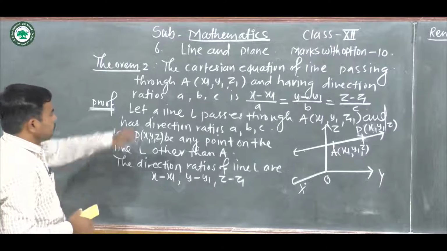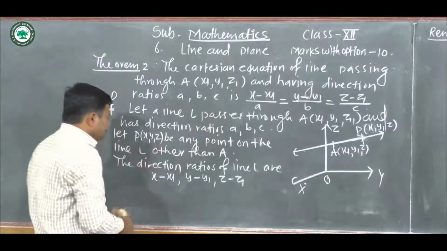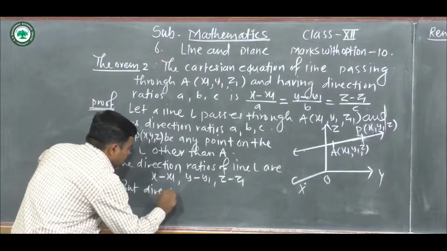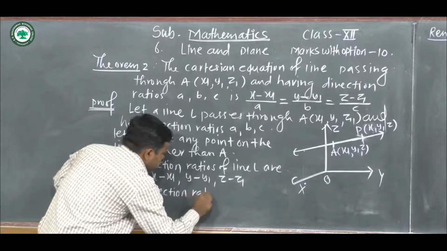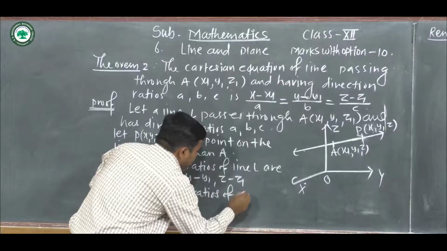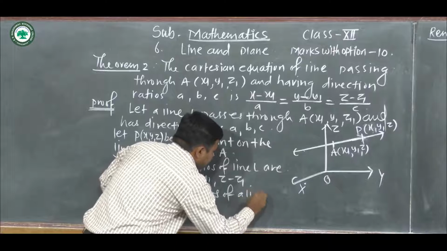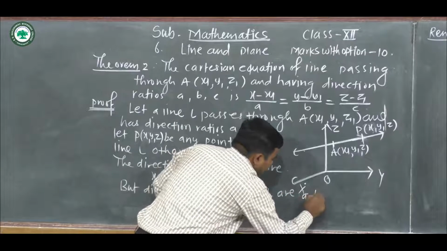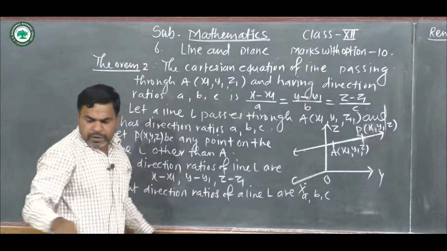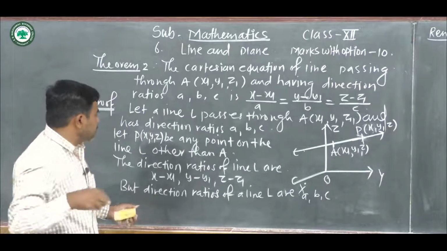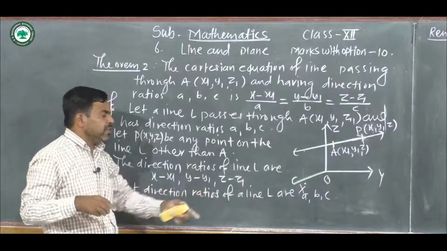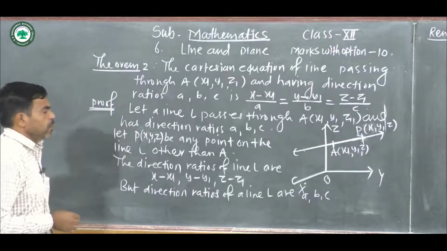But the direction ratios of a line L are A, B, C. Now the line L has direction ratios x minus x1, y minus y1, z minus z1 as well as A, B, C. It means that they are proportional.